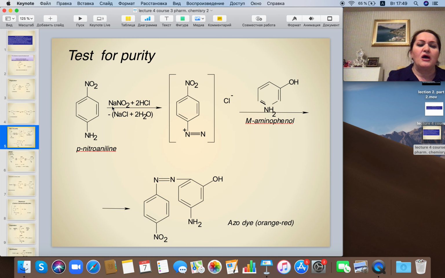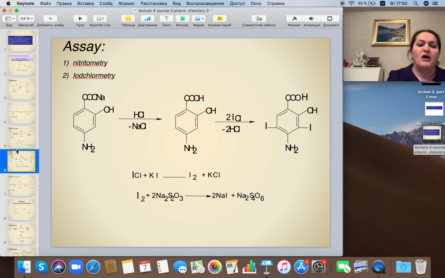When it reacts with sodium nitrite in hydrochloric acid, we receive a diazonium salt. When there is the impurity meta-aminophenol in our preparation, it reacts with the diazonium salt and forms another dye which has an orange-red color. When an orange-red color forms, it means that there is the impurity meta-aminophenol in our preparation.